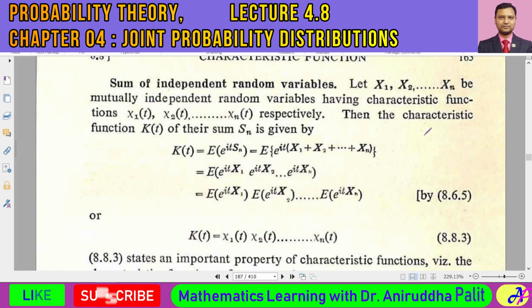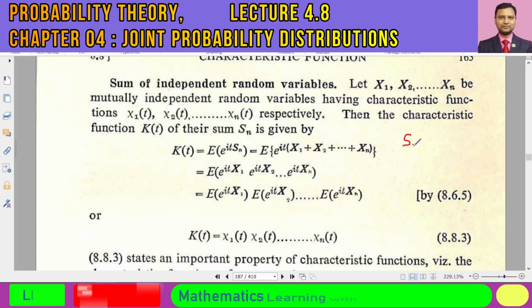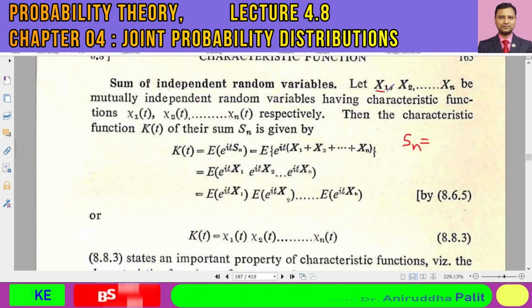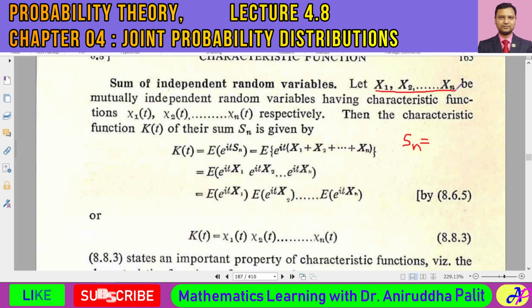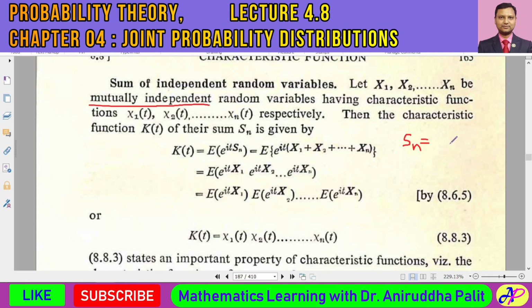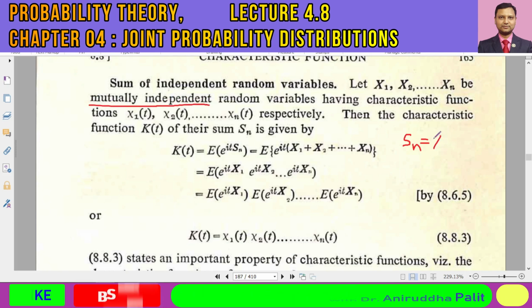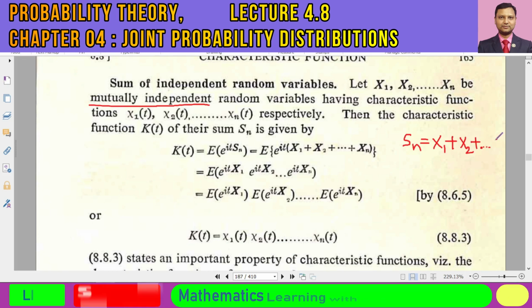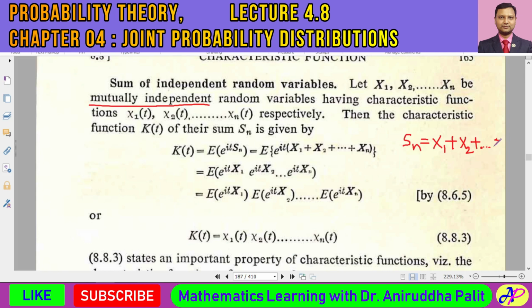What does it say? It says that if we have the summation Sn equal to the sum of all these random variables, and mind it, these random variables should be mutually independent, so Sn is equal to x1 plus x2 plus ... plus xn.